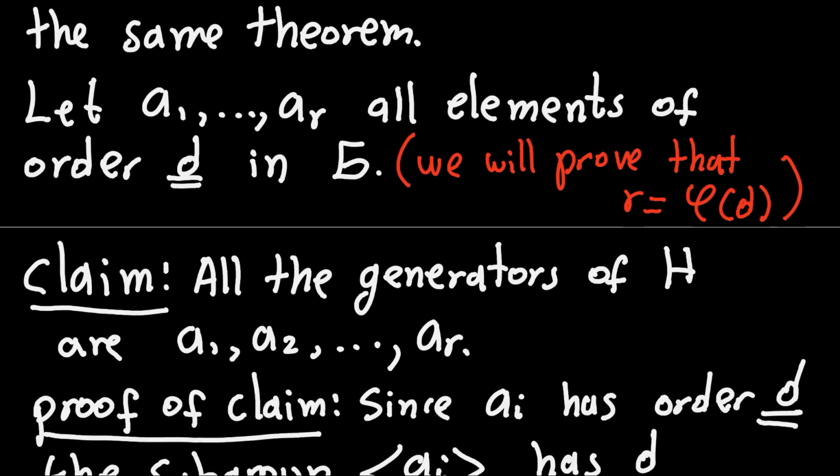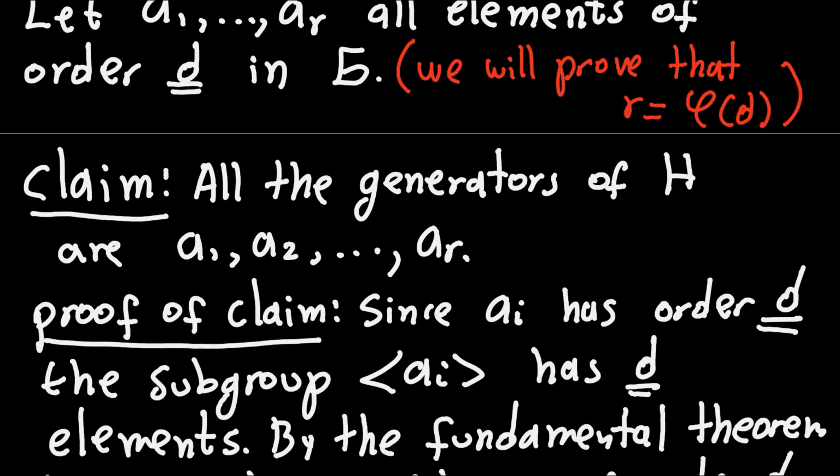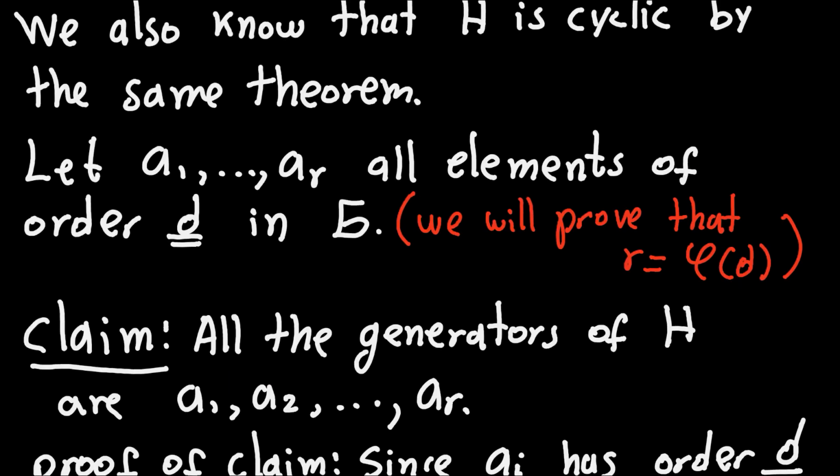And that's the next claim. The next claim is this: all the generators of H are precisely the elements A1, A2 through AR. That means all the generators of H are exactly the elements in G of order D.